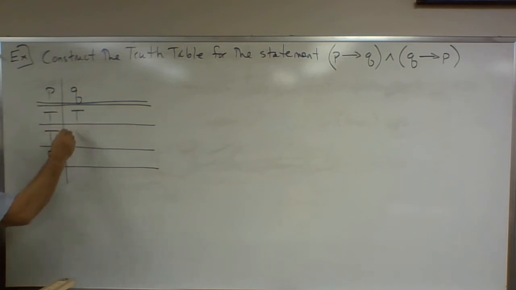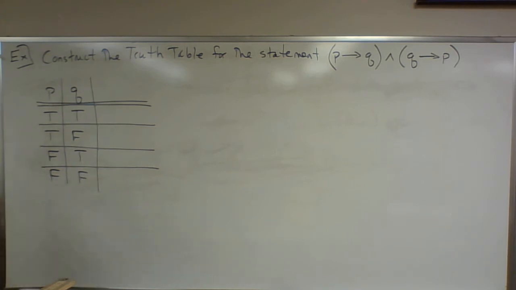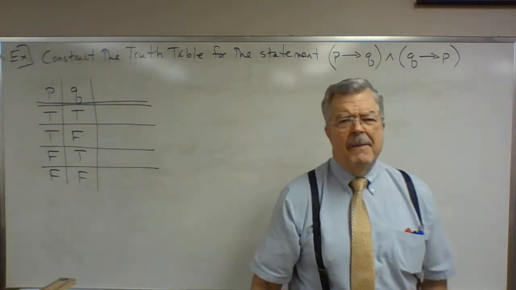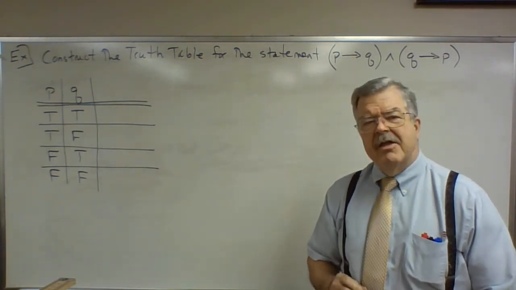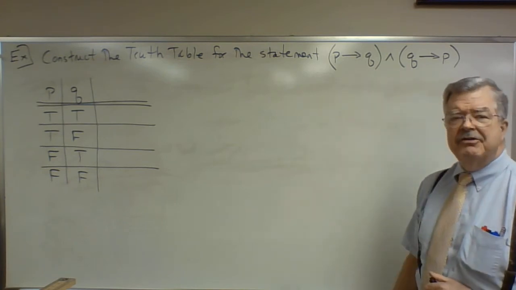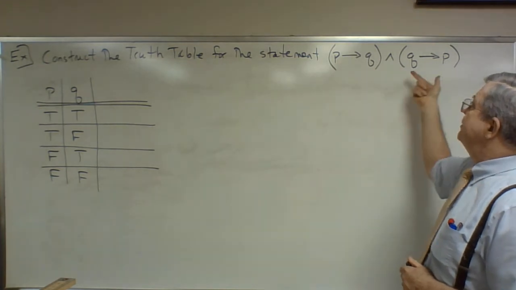And we alternate true, false on the inside. What comes next? You know, in the broadest sense, this whole statement is a conjunction. It's this thing and that thing.